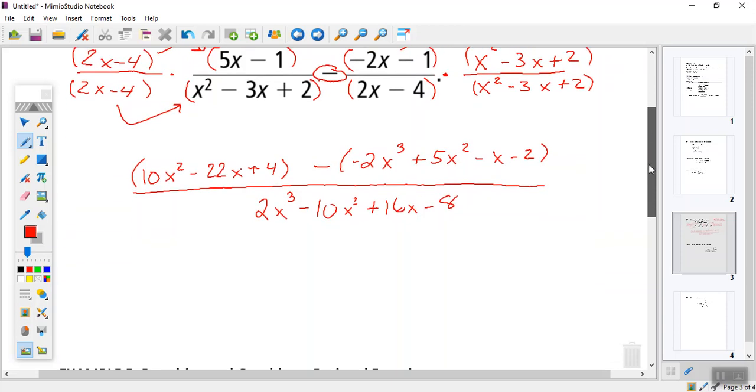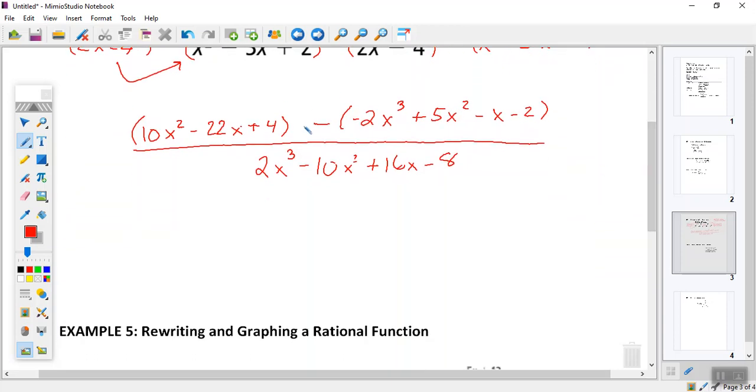Combine. Okay, now keep in mind, kids, this minus sign out front is going to do what to everything inside of this set of parentheses? Make it negative. Okay, let's work to write this top in standard polynomial form. So the minus a negative 2x cubed would make this a positive 2x cubed up top, right? So that's gone. Okay, I've got 10x squared minus 5x squared now, 5x squared.